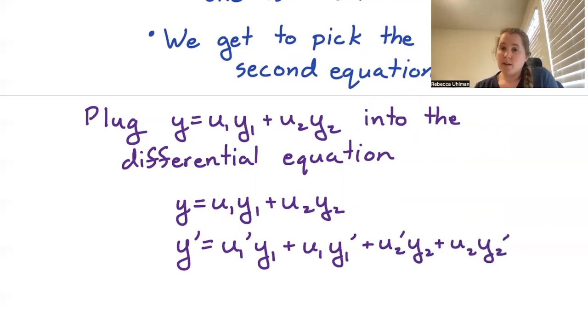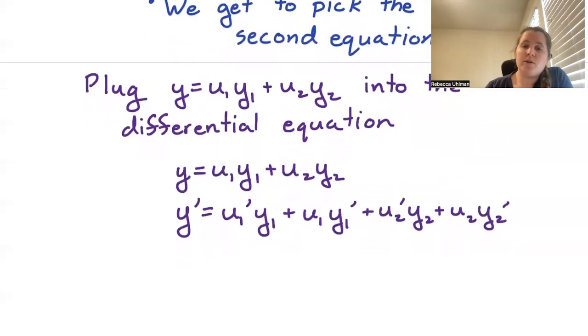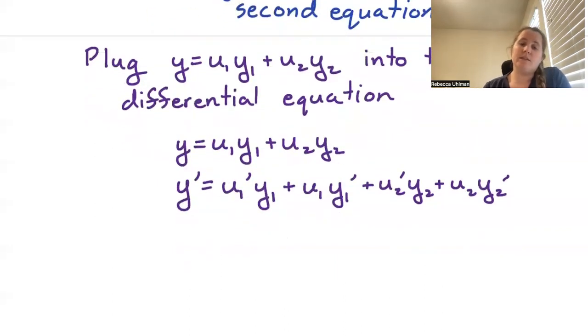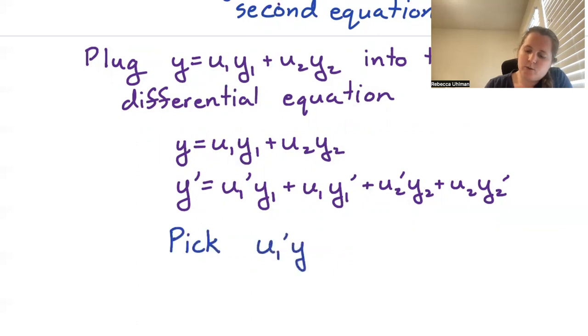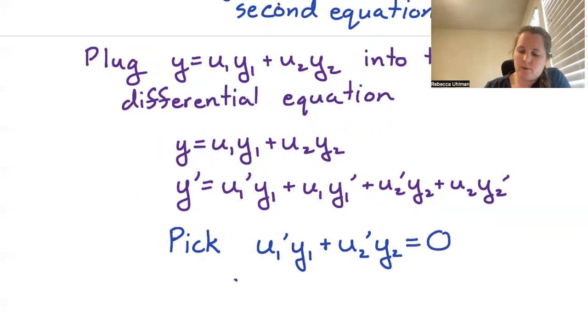Now, since we can pick whatever equation we want as our second equation, we're going to pick an equation that allows us to simplify y prime. So we are going to pick u1 prime times y1 plus u2 prime times y2 equals 0 as our second equation.